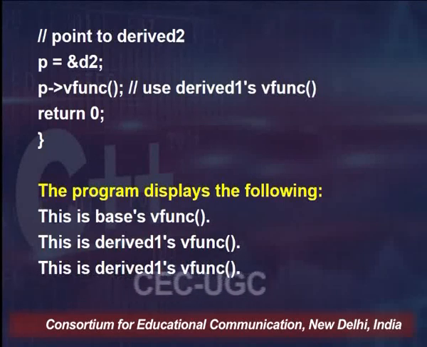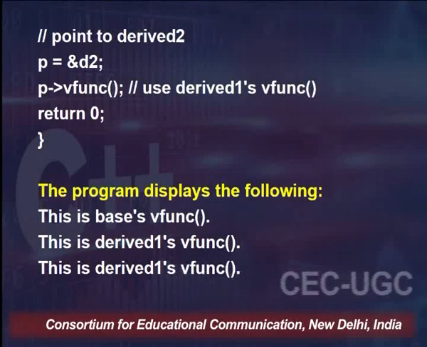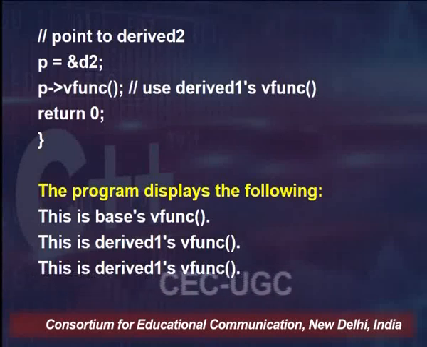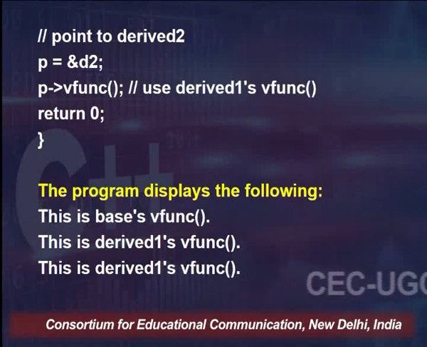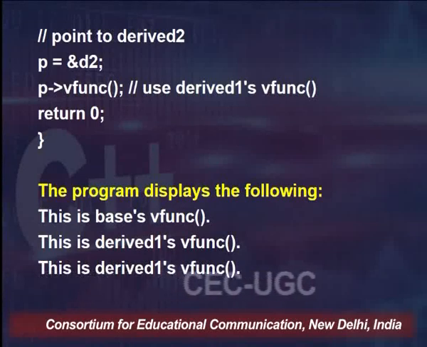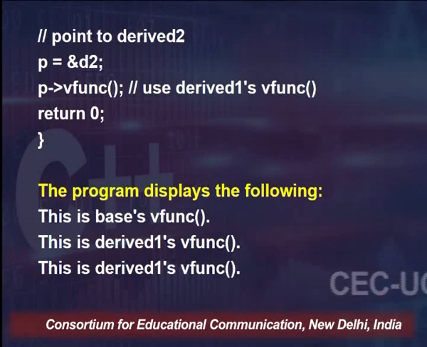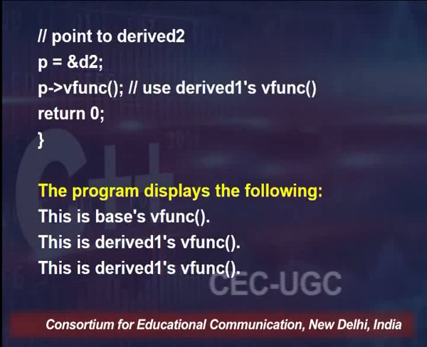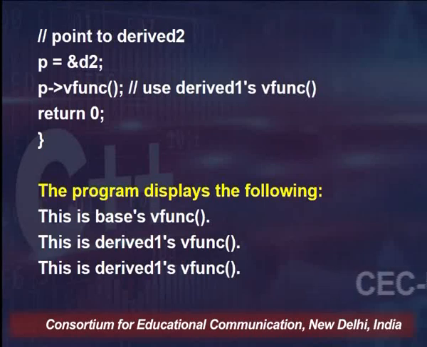So now here we are using the VFunc version of the derived 1 class. Why? Because in the hierarchy, that is the closest version of VFunc which d2 can access. Please try to recall that d2 does not have its own version of VFunc. That means within the class definition, derived 2 does not have any redefinition of the function VFunc.